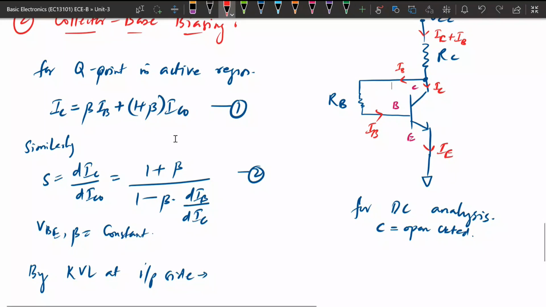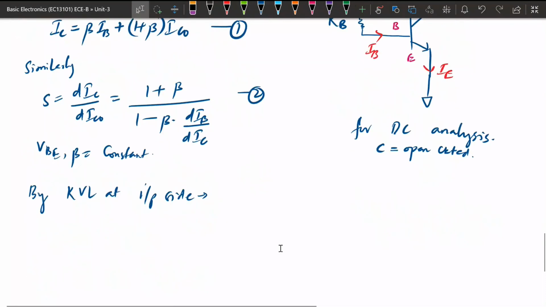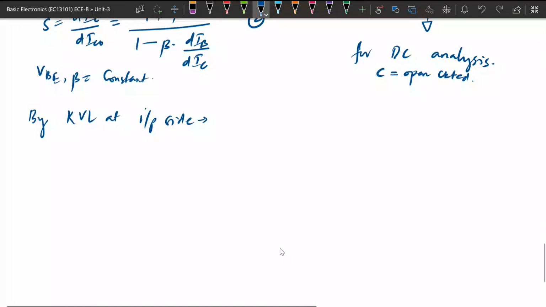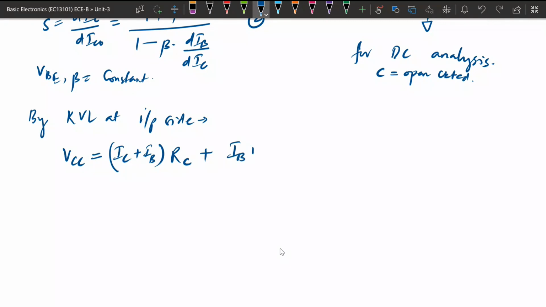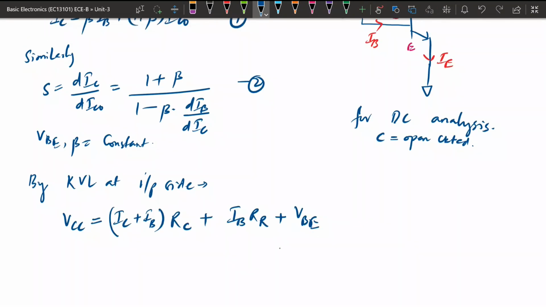So if we consider the KVL at the input side, we can write VCC equals the current through the RC resistance, that is IC plus IB multiplied by RC, plus IB RB, plus VBE. So this is the KVL at the input side.